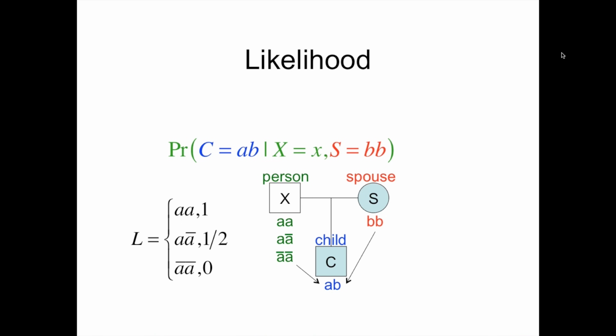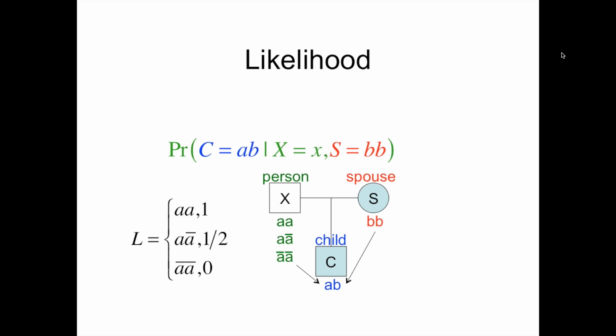So the probability that C equals AB, given that the father has an A and another allele and the mother has a B and a B, is 1/2. And the last case is if the father doesn't have an A allele at all, then the chance, assuming no mutation or other events, of the child having an AB genotype is 0, because there's no way the child could have gotten that A allele.